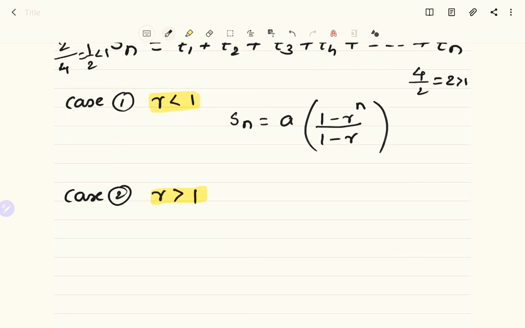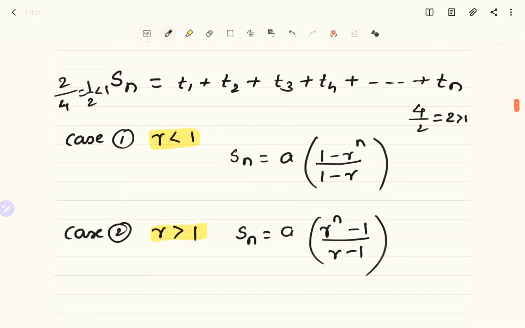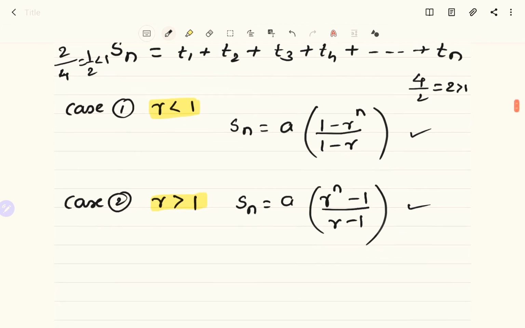Be careful, all these formulas depend on the ratio, whether it is less than 1 or greater than 1. If it is greater than 1, the formula for Sn is a times, just reverse the thing, r raised to n minus 1 divided by r minus 1. Obviously these formulas will save your time. Instead of adding all the terms manually, if you apply these formulas, you will get the sum very quickly.